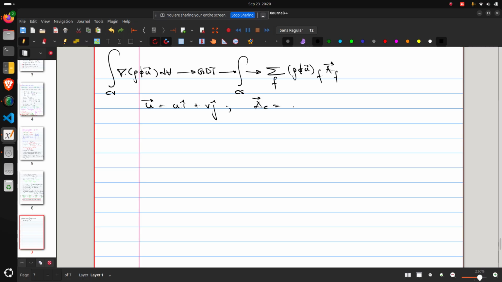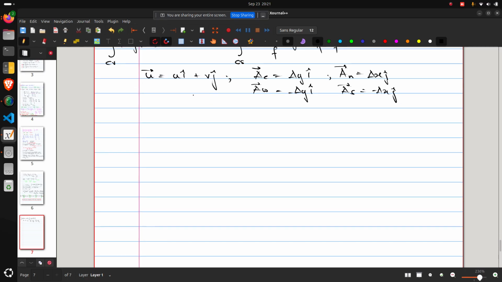So A east is nothing but delta y i cap, A west is delta y i cap with the opposite sign, A north is delta x j cap, and A south is the opposite.